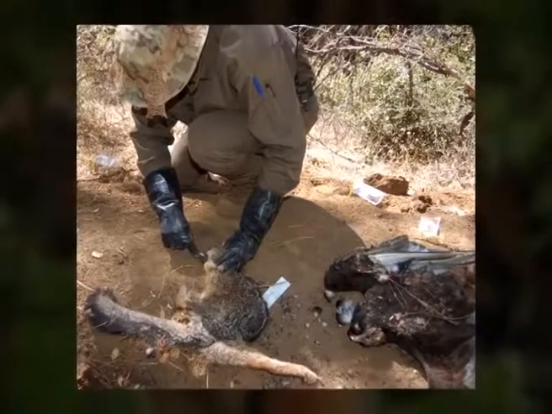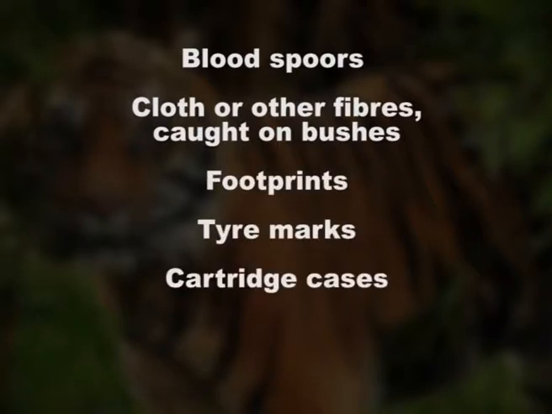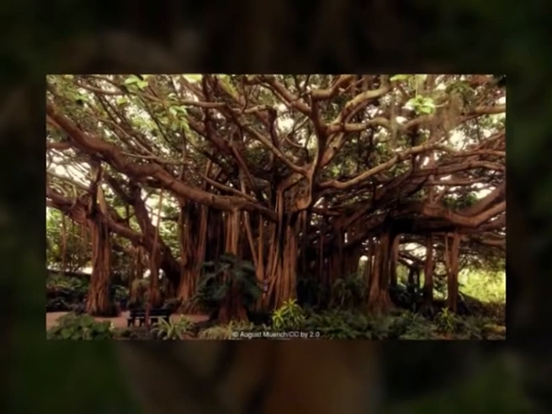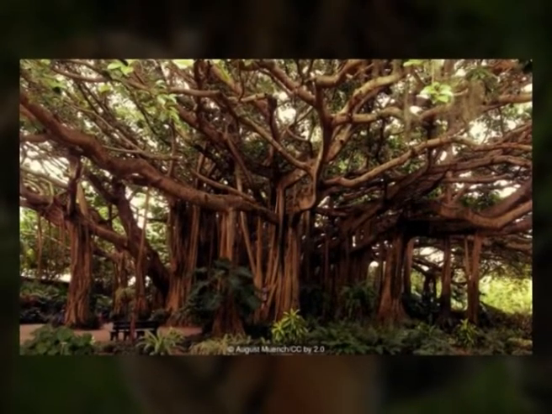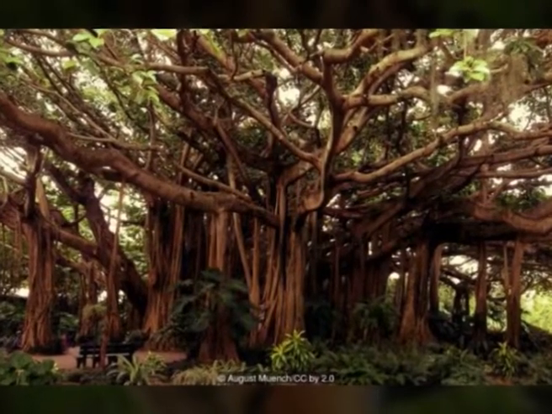It should be ensured that at any cost or at any stage of investigation, physical evidences are not damaged or destroyed or contaminated. Some of the things to be collected are blood spoor, cloth or other fibers caught on bushes, footprints, tire marks, cartridge cases, implements possibly used for carrying out the crime, places where the offender or offenders may have stayed or sheltered or laid an ambush in the forest.